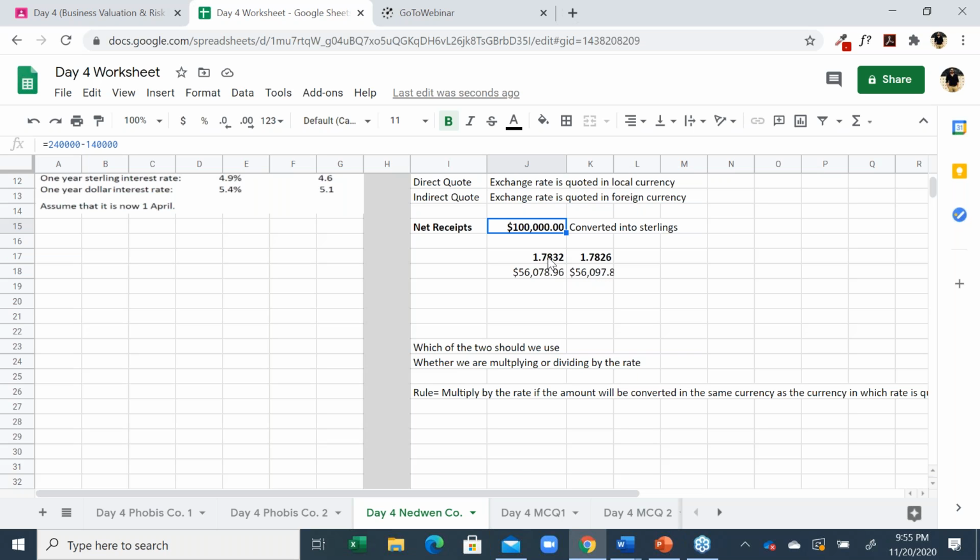If I divide it by this, the amount will be 56078. And if I divide it by 1.7826, the amount is going to be 56097. So the bank is either going to give this amount or this amount. What do you think? What is good for the bank? Paying us higher or paying us lower value?